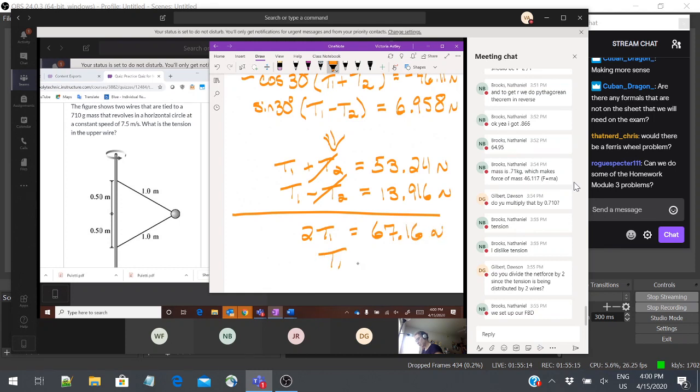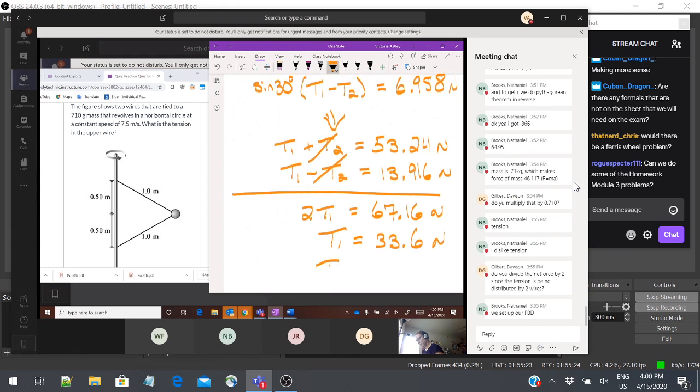So the tension in the top string is 33.6, and the tension in the bottom string, I can plug this back in and get 19.66.